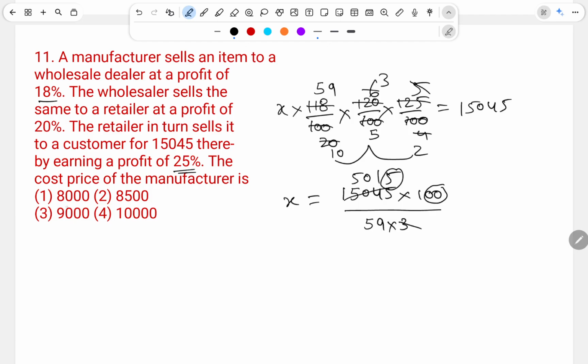So this option cannot be, this option cannot be. So 8500. See 59 into 85: 5 9s 45, 4 carry, 25 72, 97 plus 4, 101, 10 carry, 5 8s 40 plus 10, 50.